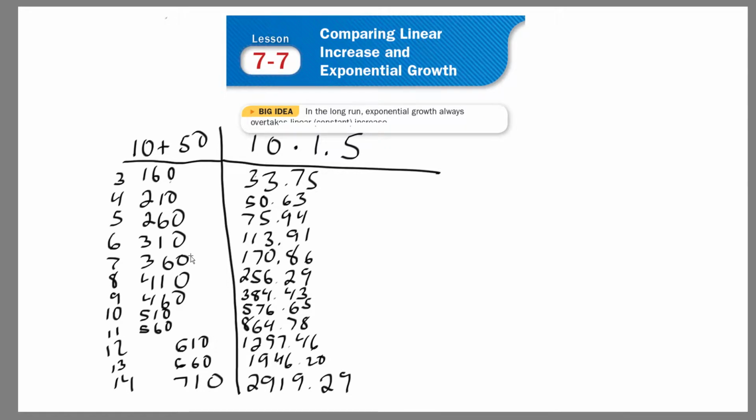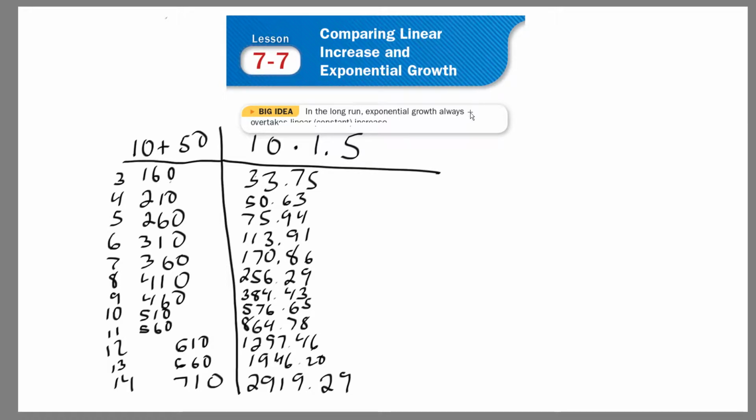But it's 2 weeks long. At the end of 2 weeks, for 14 days, the constant increase, we're at $710, not shabby. For the percentage increase at the end of 14 days, we're at $2,919.29. There is no doubt which one is the better option.